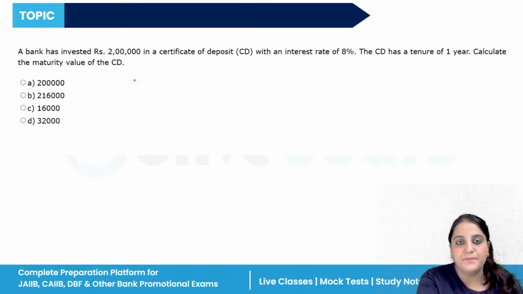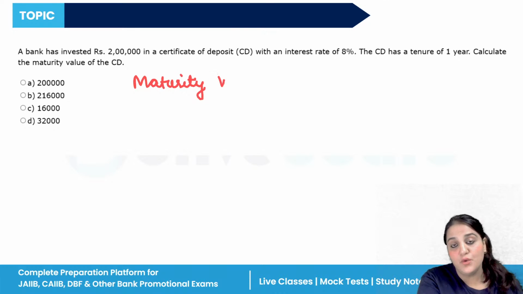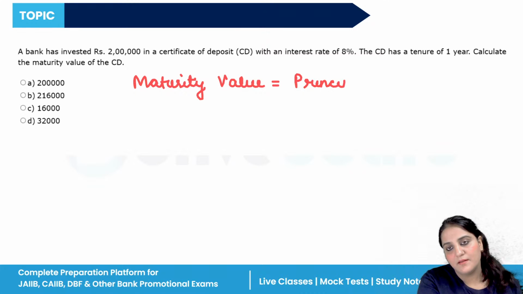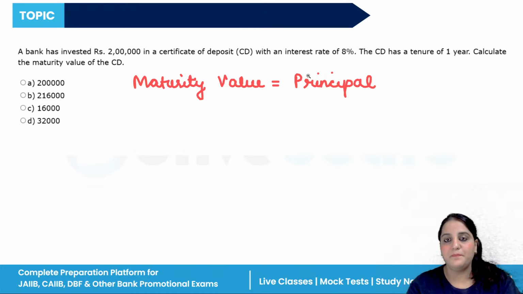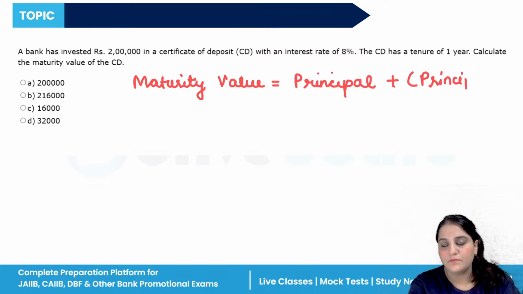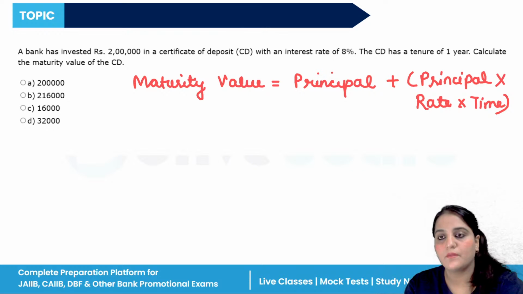Maturity value is equal to principal plus principal multiplied by rate multiplied by time. Got it?